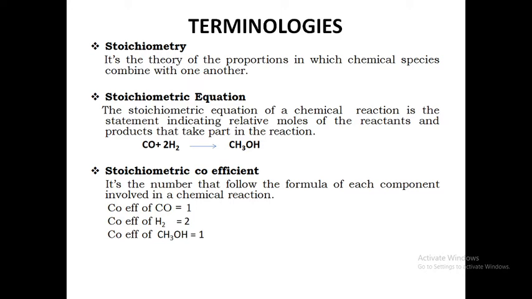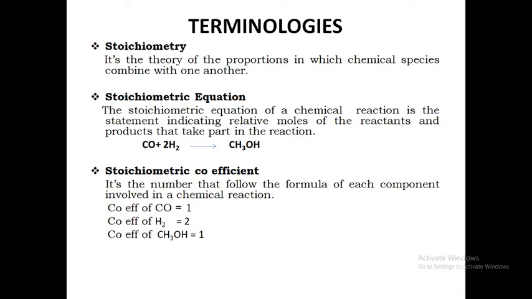The stoichiometric equation of a chemical reaction is the statement indicating the relative moles of the reactants and products that take part in the reaction. Example, CO + 2H2 gives CH3OH.